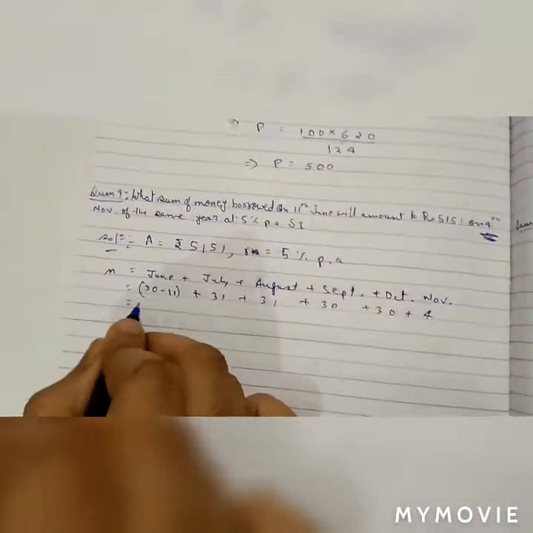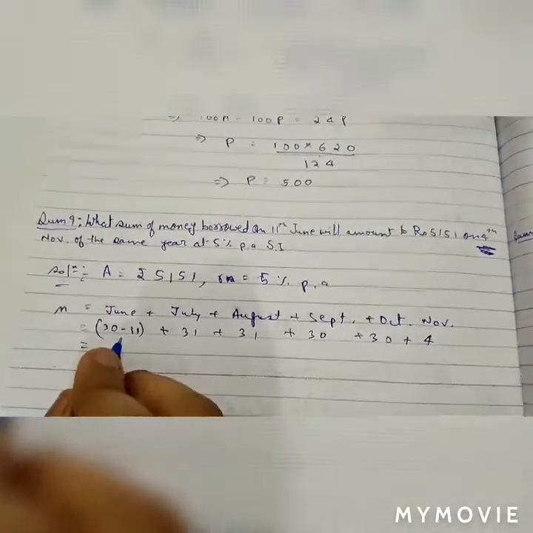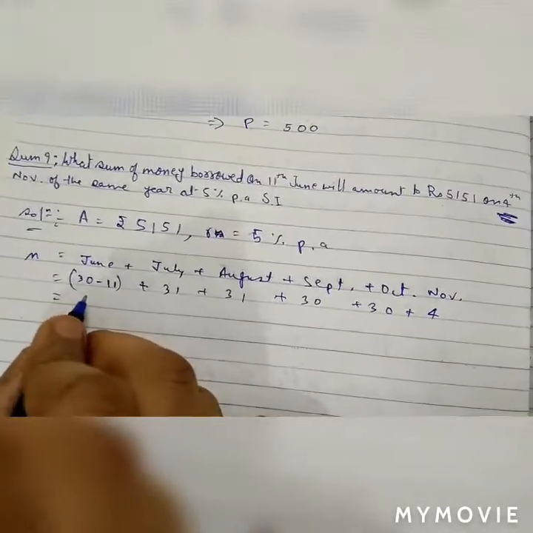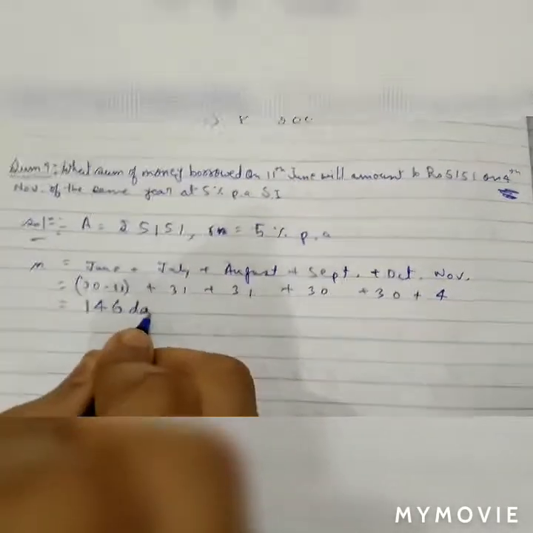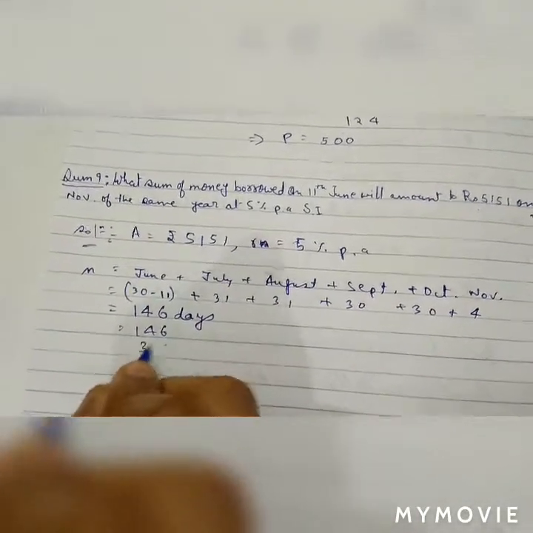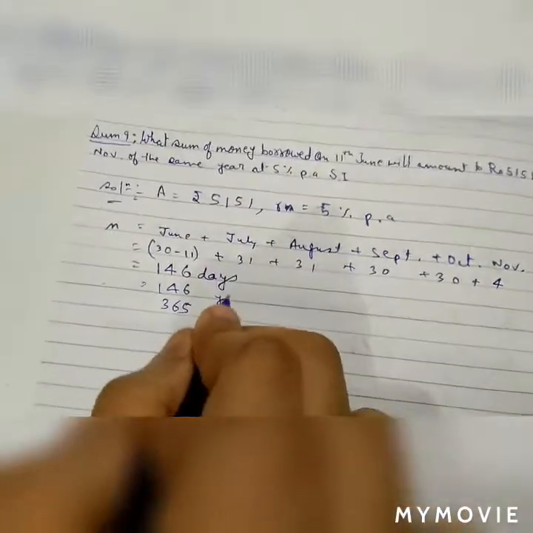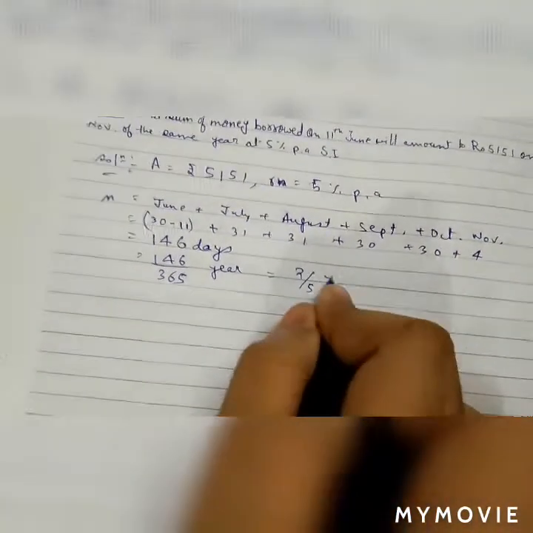Try to understand. I assume that you all understand my explanation because you do not comment your doubts, so I assume that you have understood the explanation. 146 days, which will be converted into years. 146 divided by 365 years, 2 by 5 years.